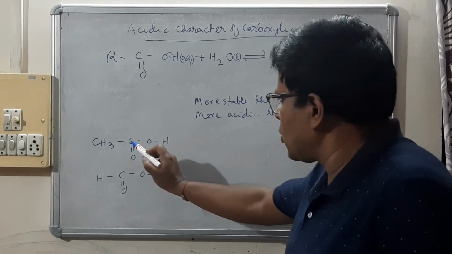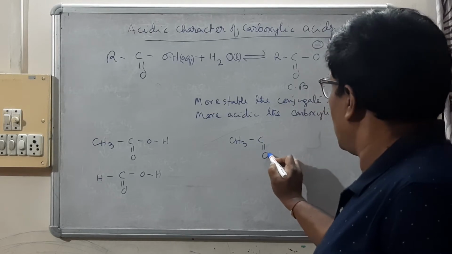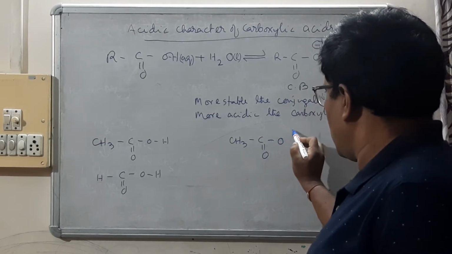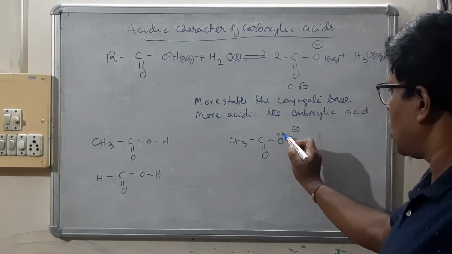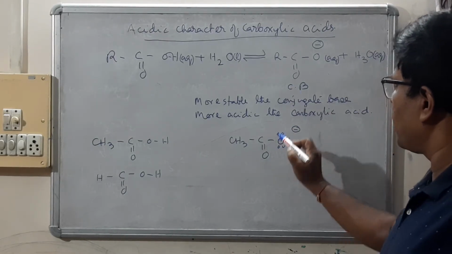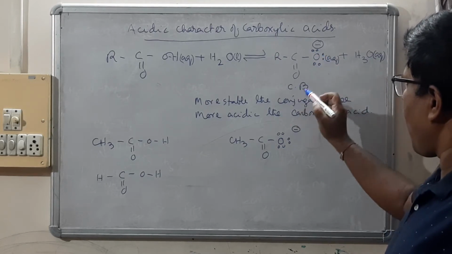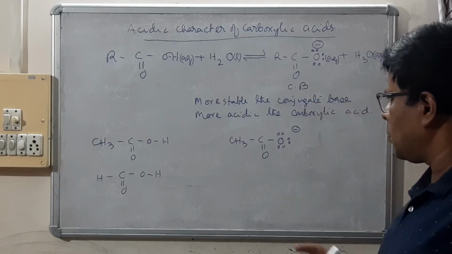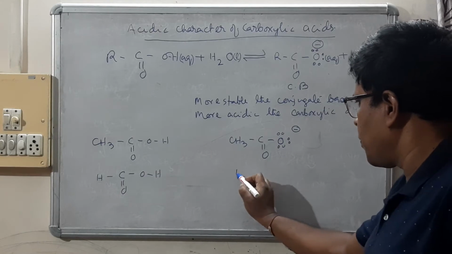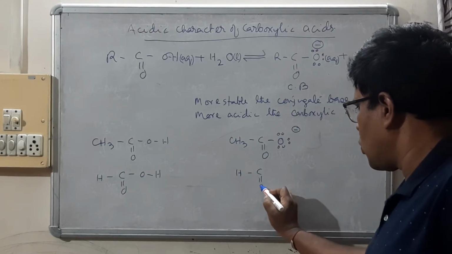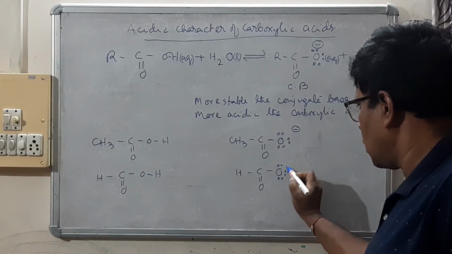The conjugate base of this one is CH3 C double bond O minus. In O minus, there are 3 lone pairs. Here also there will be 3 lone pairs. This is the conjugate base, and conjugate base of formic acid is HC double bond O minus.